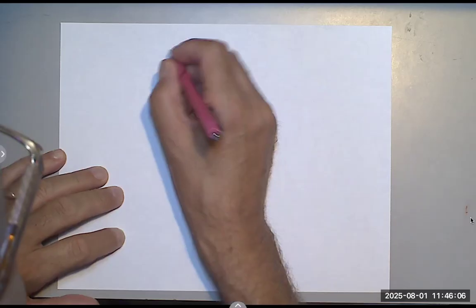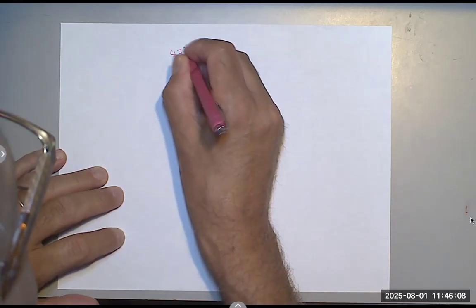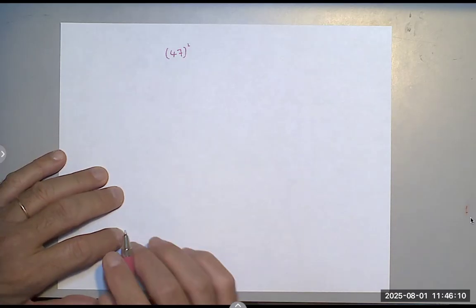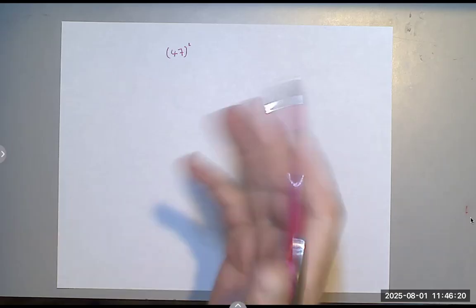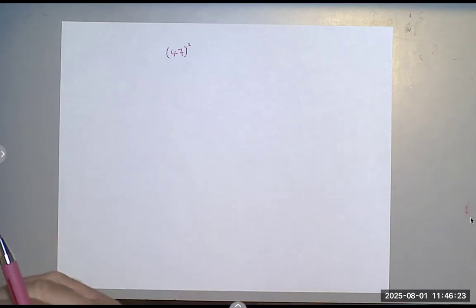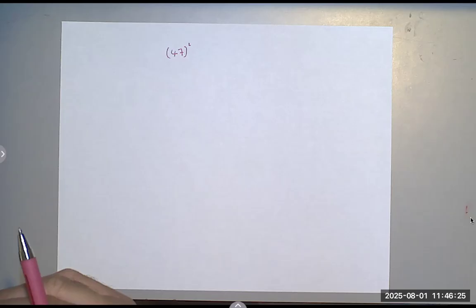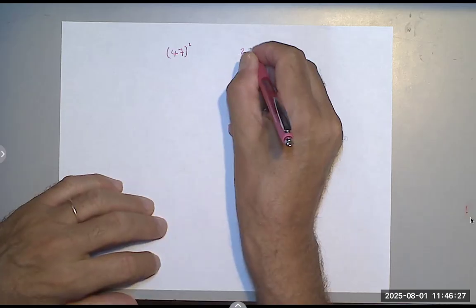Suppose you have a number like 47. You want to square 47, okay? You know that 47 is 3 below 50, right? So you find the number that is 3 below half of 50. Half of 50 is 25. What's 3 below 25? It's 22. So you write 22.